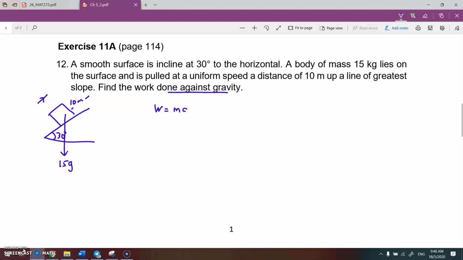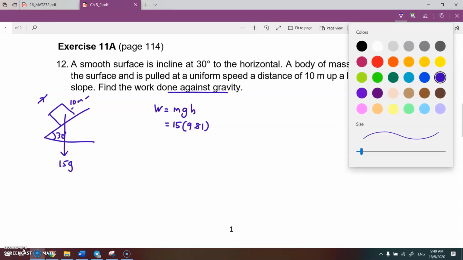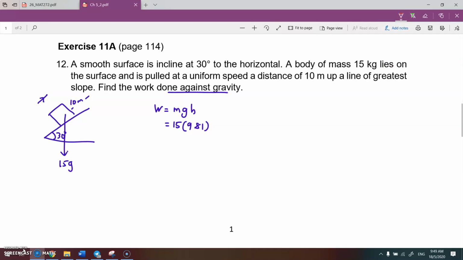So W is equal to mgh, which is 15 times 9.81 times the height. So how are you going to find the height? The height would be here, and then you move 10 meters along the slope.